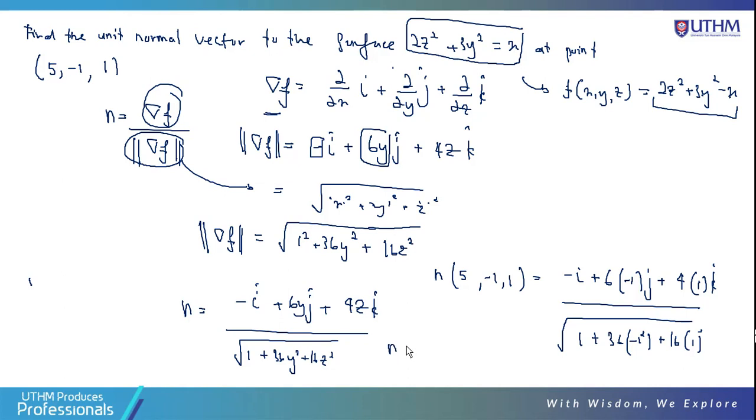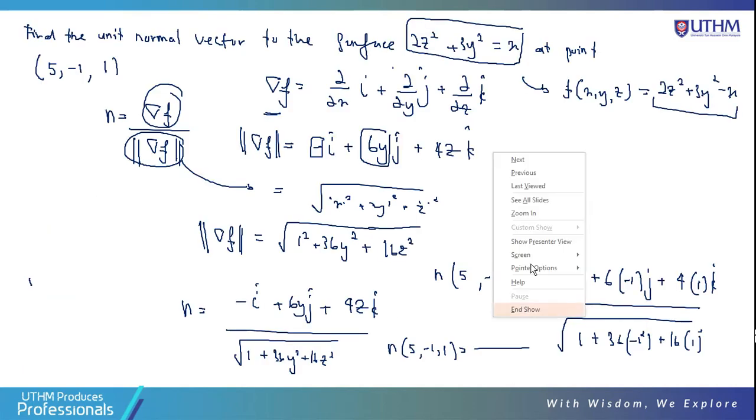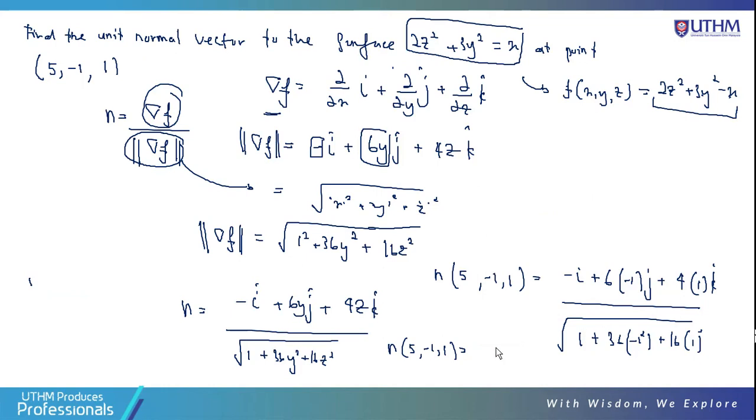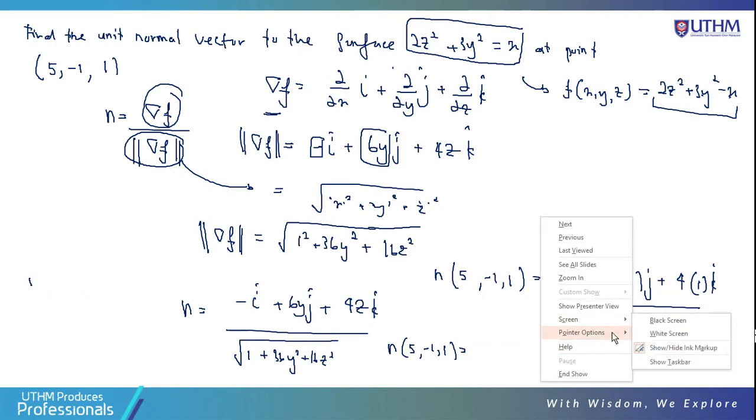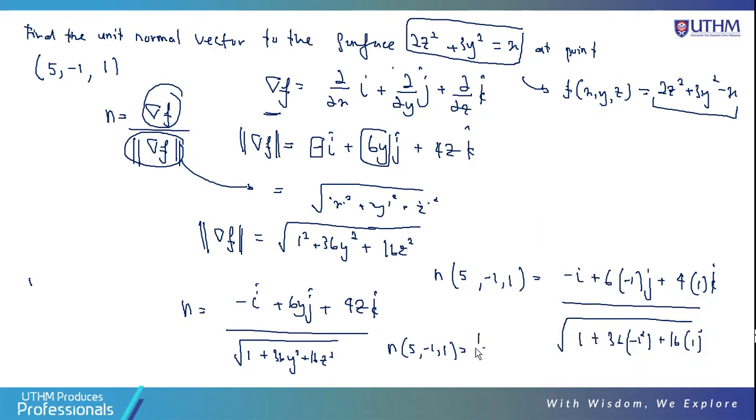So n at (5, -1, 1) equals this one, you get square root of 53. Then outside, it's easy. This is 1 over square root of 53 times negative i plus 6j plus 4k.